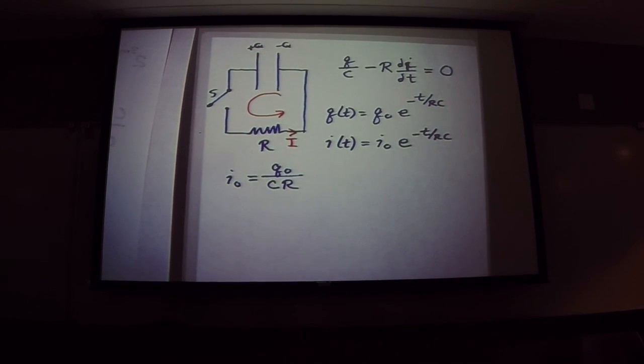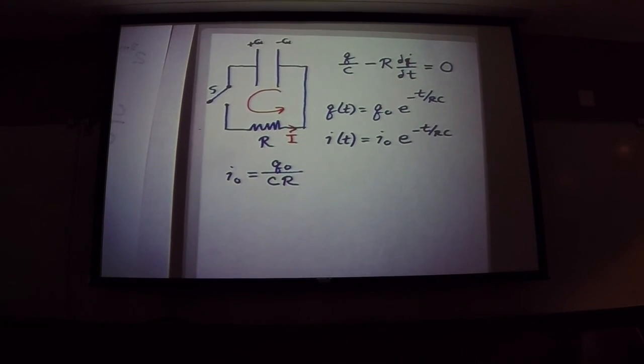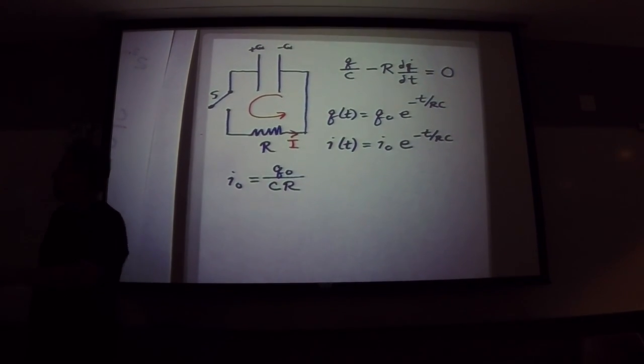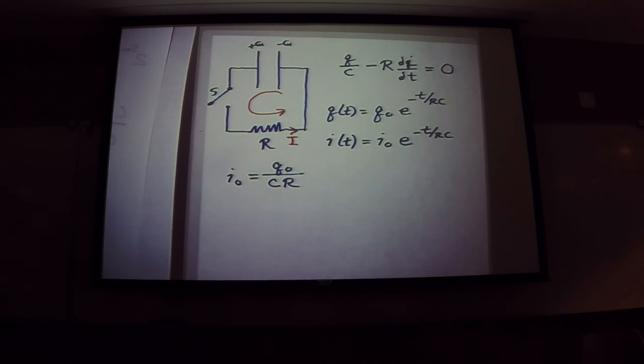So in this case, this is what we call a discharging capacitor circuit. The voltage across the capacitor and the resistor are the same, and the capacitor discharges through the resistor. Notice the time constant still pops up.